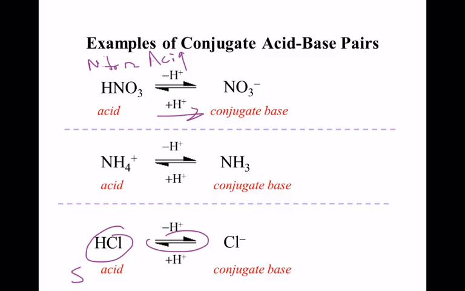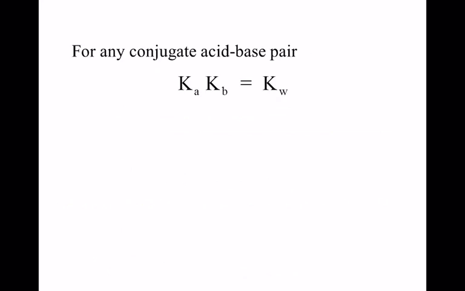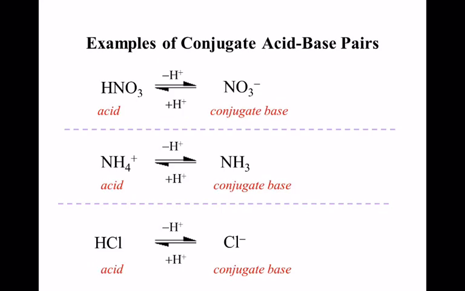I guess all of the other examples that were not strong all had another hydrogen, like the hydroxide and the water and the HSO4 and the NH3. They all have another hydrogen to go back the other way. But the HNO3 and the HCl don't have a hydrogen to go back.